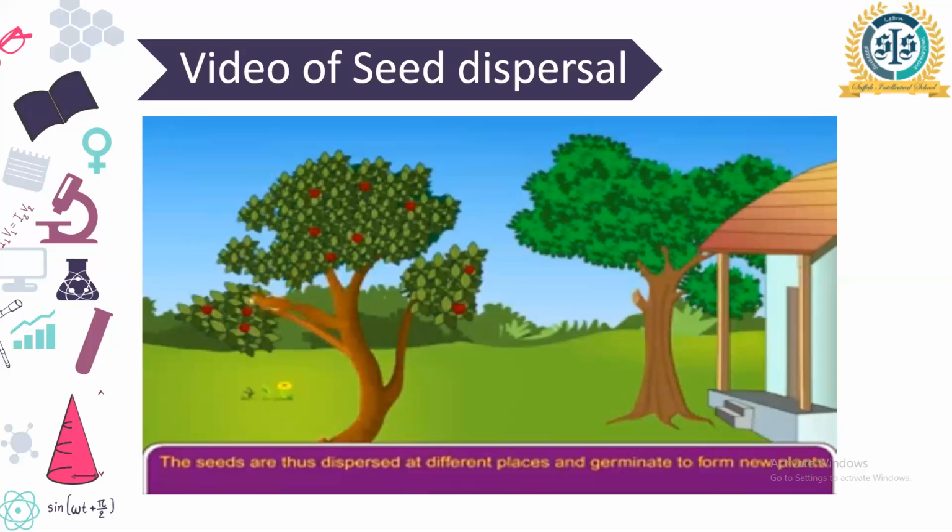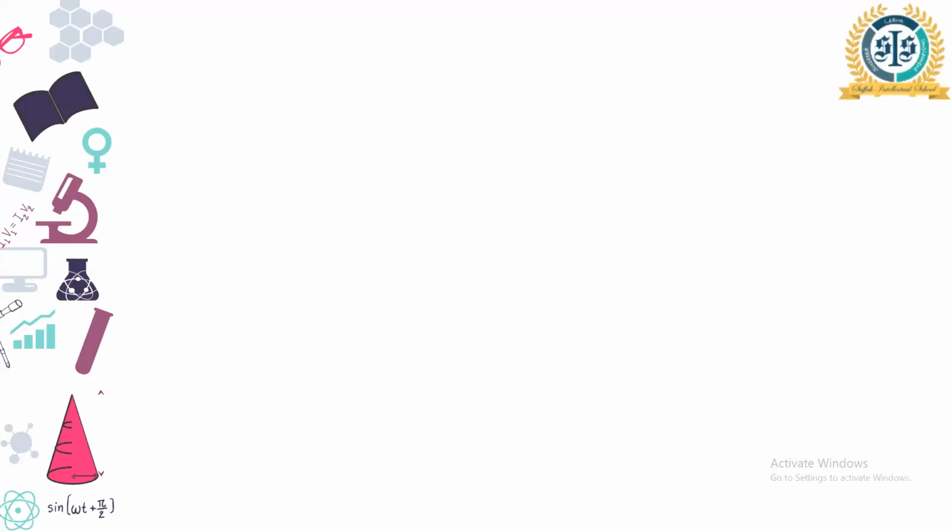Because of the water waves, that fruit is carried away from their parent plants. So in this way, the seeds or the fruits can be dispersed from one place to another, and this is how the seeds start to grow again. So now I think you have better understood the whole process of seed dispersal and how seeds are dispersed through different methods. Now I'm going to tell you today's work.